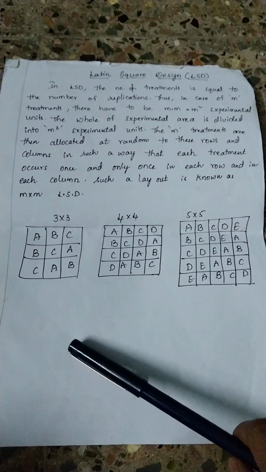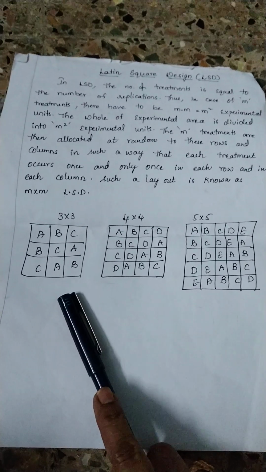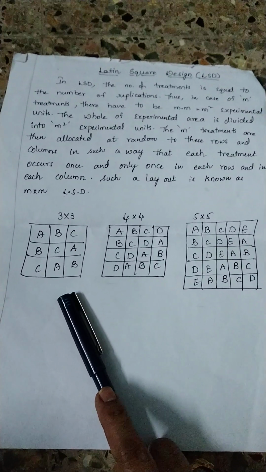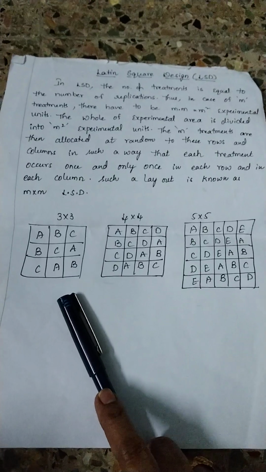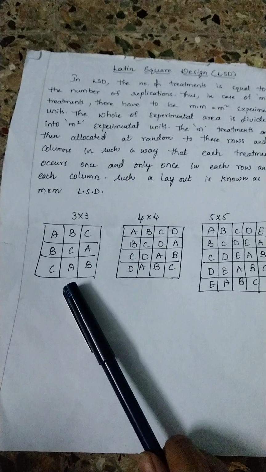In this you will be having a square matrix like 3 by 3, 4 by 4, 5 by 5, and it may be increasing. The main thing in Latin square design is that the number of treatments is equal to the number of rows equals the number of columns.